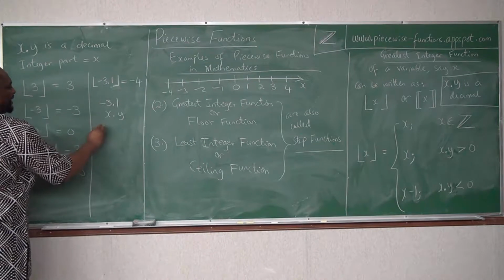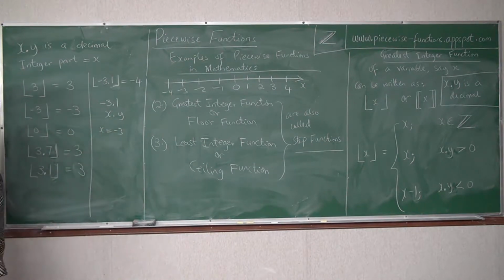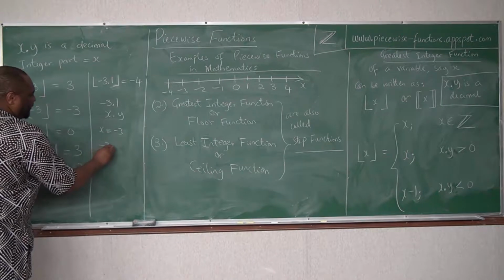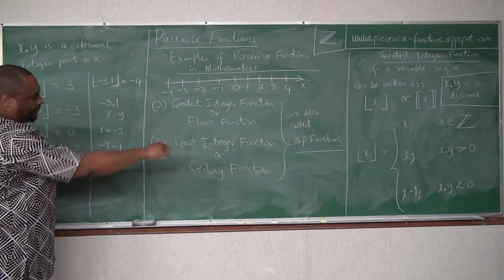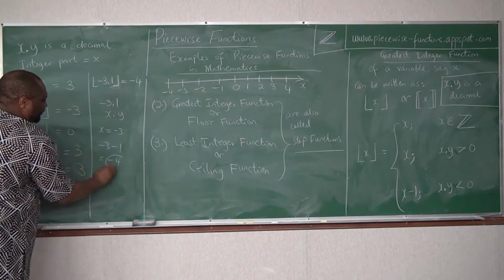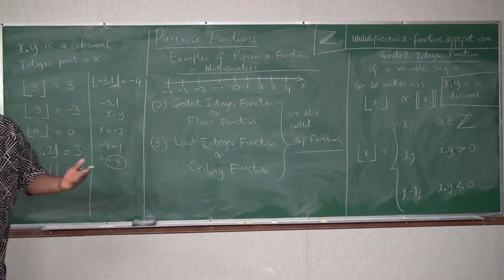So your x is -3. Your y is 1. Your x is what we are concerned about. Your x is -3, so you now do -3 - 1, and that is -4. You see, it's a piecewise function.